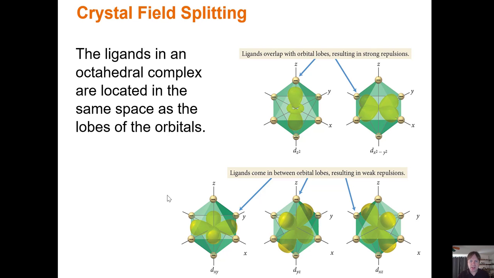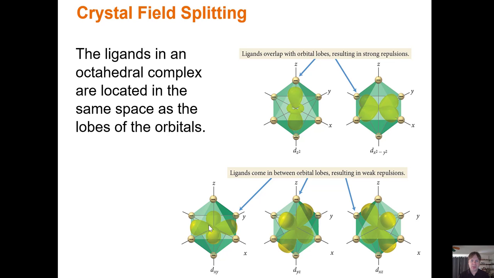So what we see is that if we have just the metal by itself, these 5 are identical in terms of their energy. However, as soon as we start putting bonds to that, those bonds will occur in certain locations. And if those locations are different in terms of their proximity to an orbital that may or may not have electrons, what that does is it makes a difference between those.